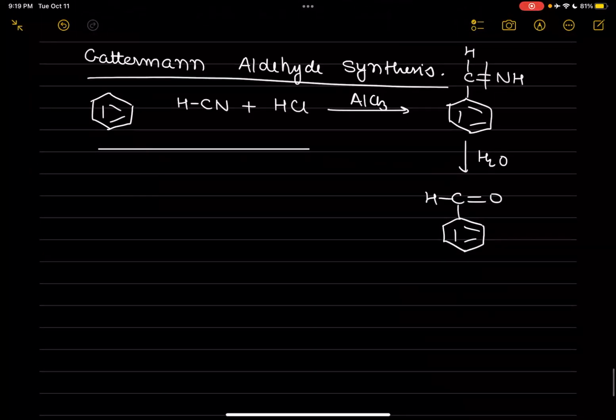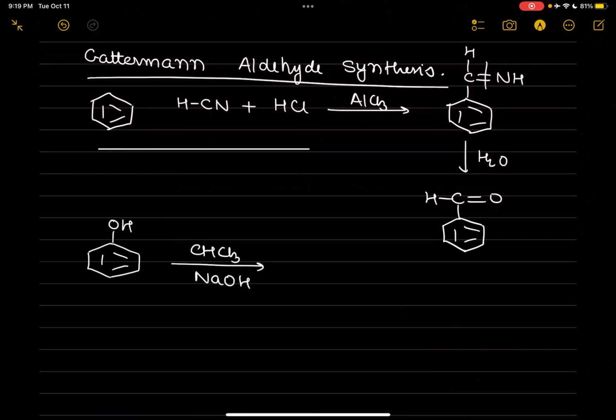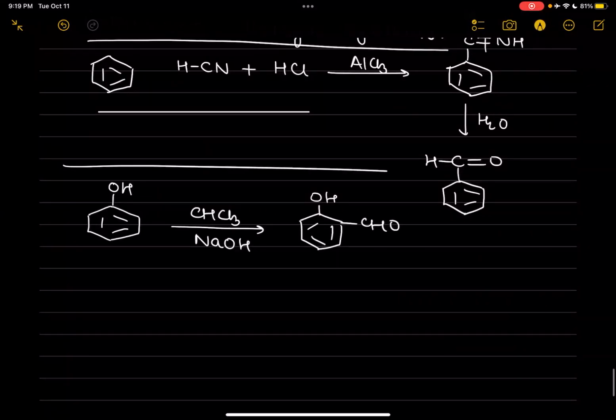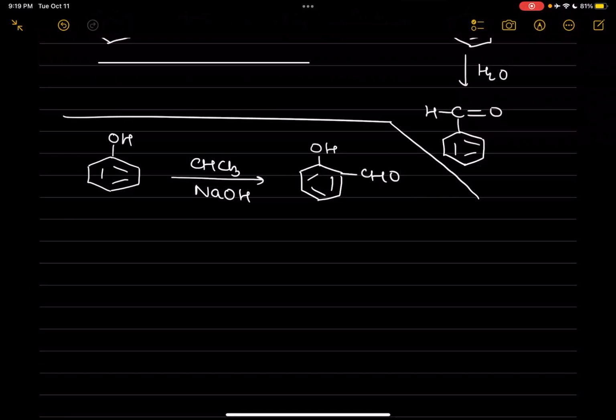There you have Reimer-Tiemann, right? And in this reaction, suppose any one of the ortho positions is occupied, then it is going to come at the para position. Yes, sir. Okay.